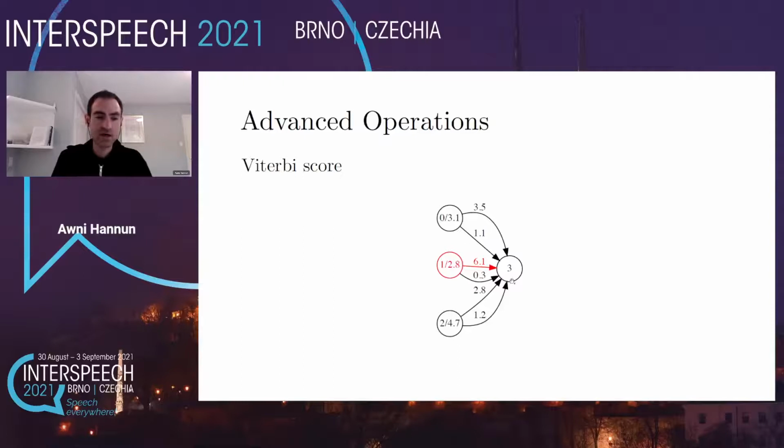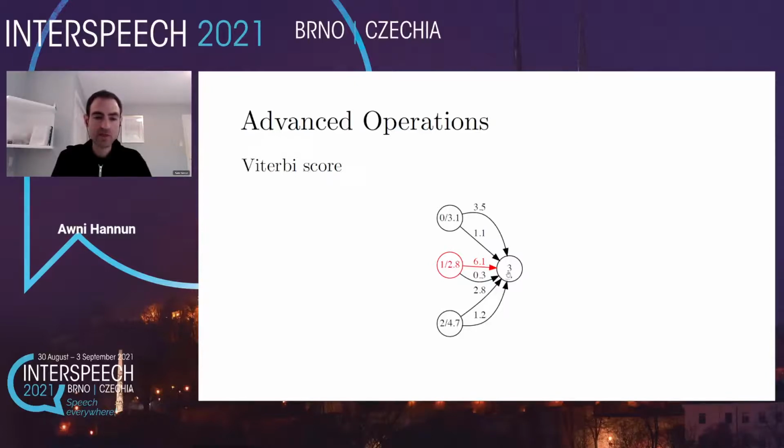And say that there were a bunch of paths that started off here and ended up in this state 0, a bunch of paths that started off here and ended up in this state 1, same for the state 2. The Viterbi score of all possible paths from start states to state 0 is 3.1, to state 1 is 2.8, and to state 2 is 4.7. So that's what those numbers represent there.